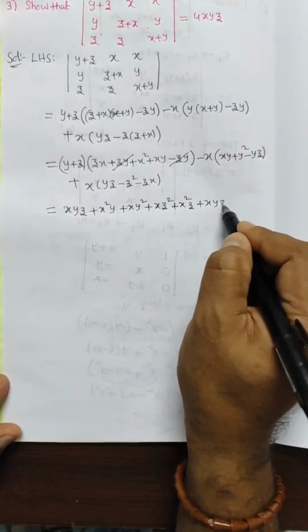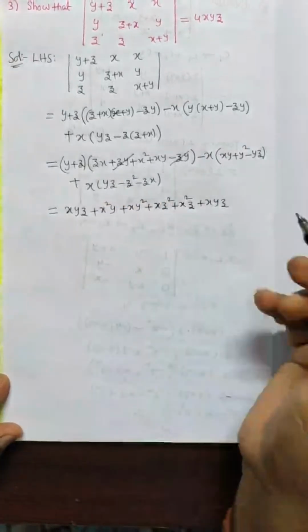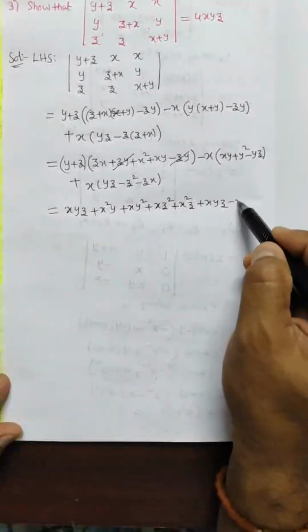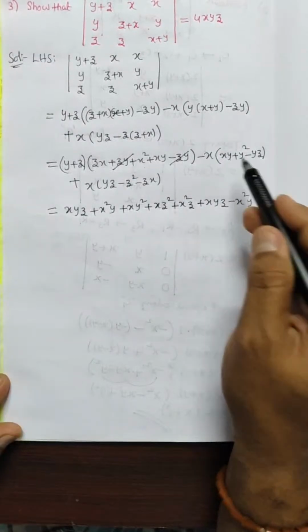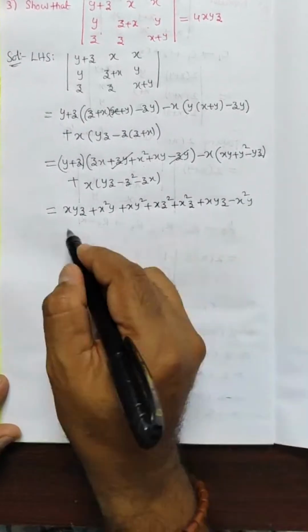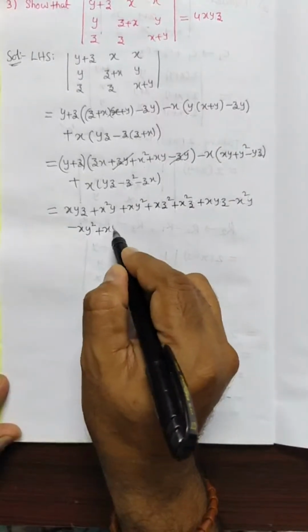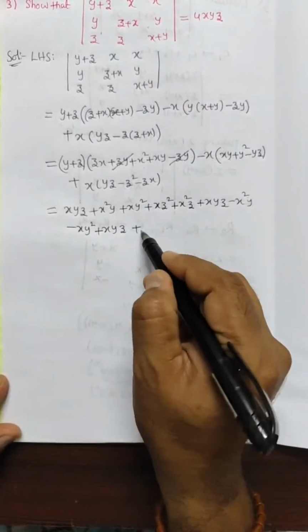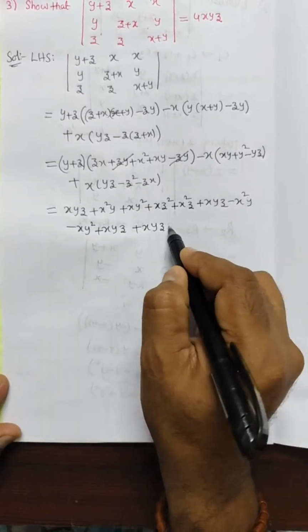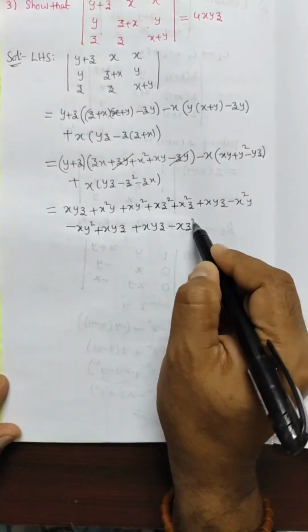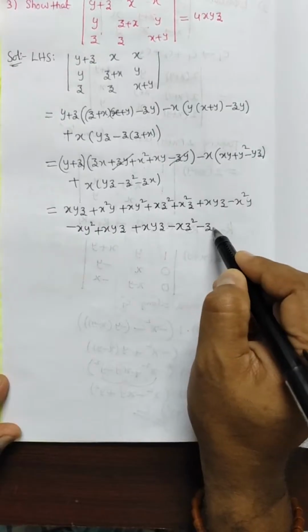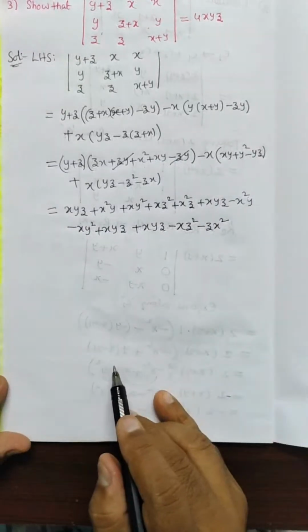Next xyz. So the first term is finished. Next minus x square y minus xy square plus xyz plus xyz minus xz square minus zx square.